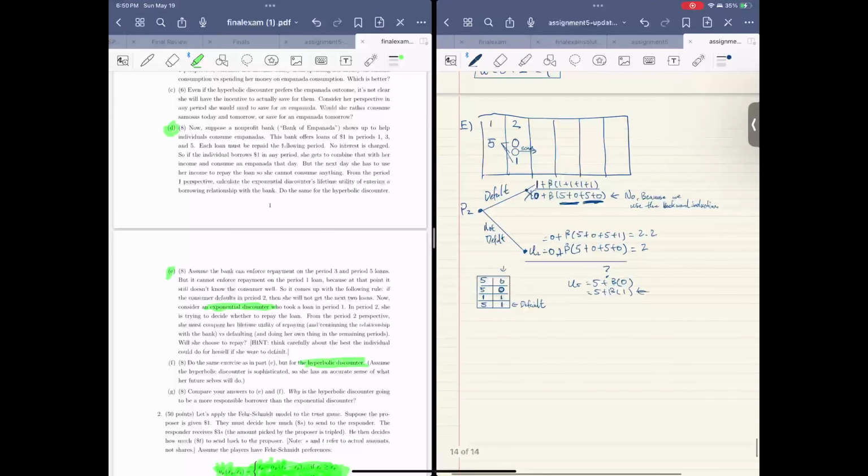What about period 3 and 4? What can happen?